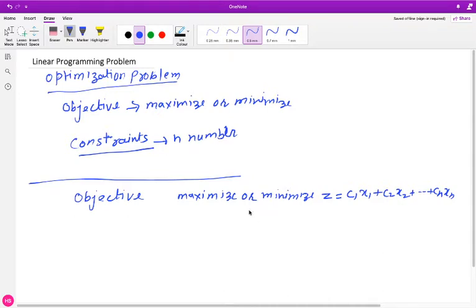So this is the objective, subject to the constraints.